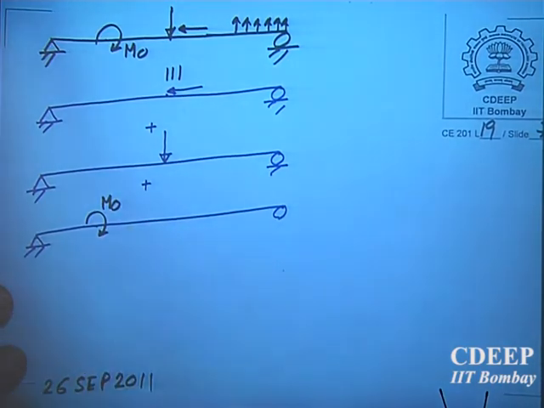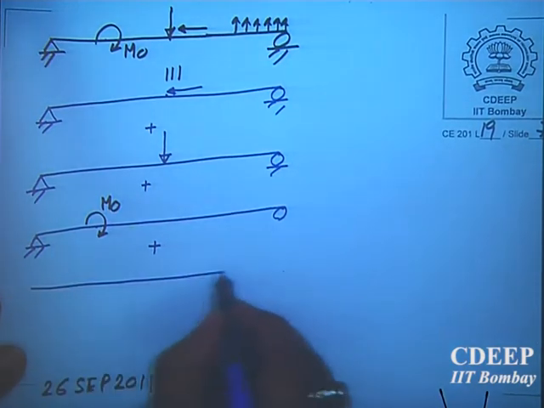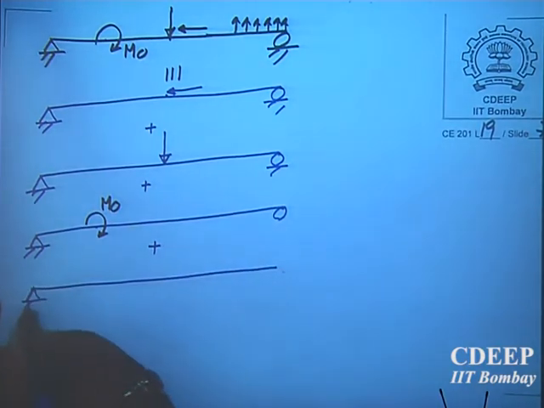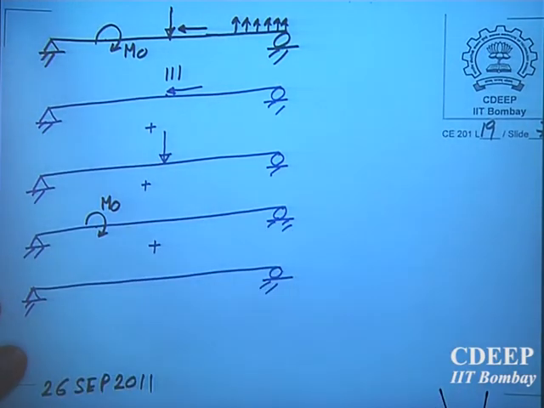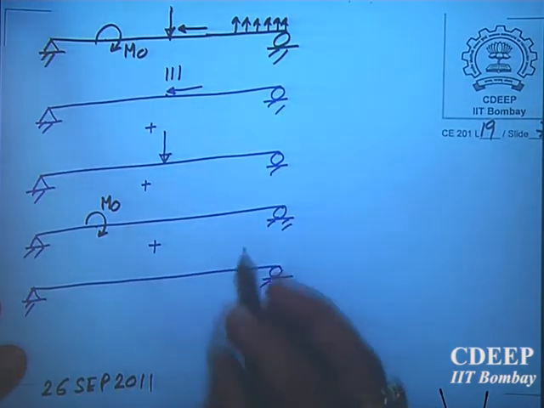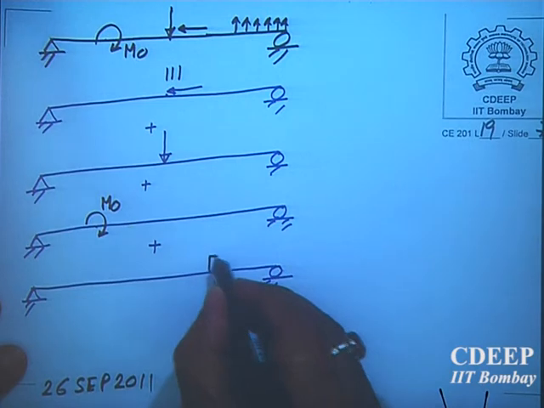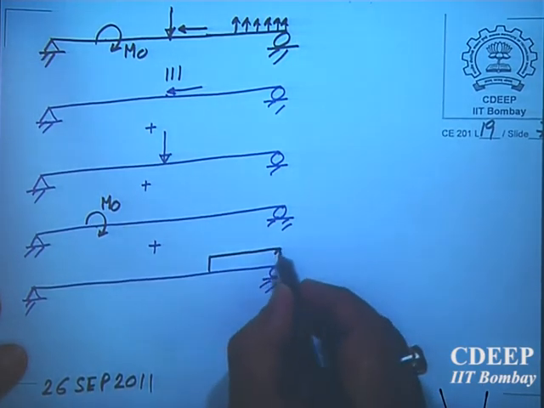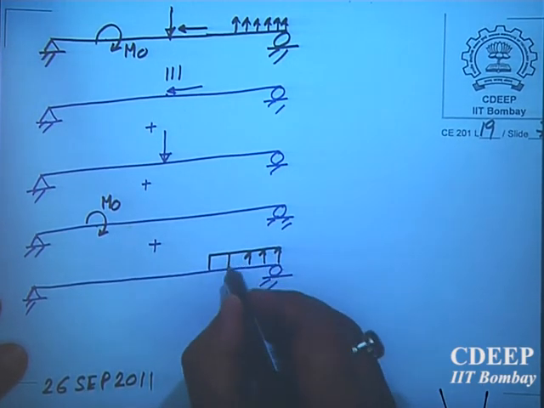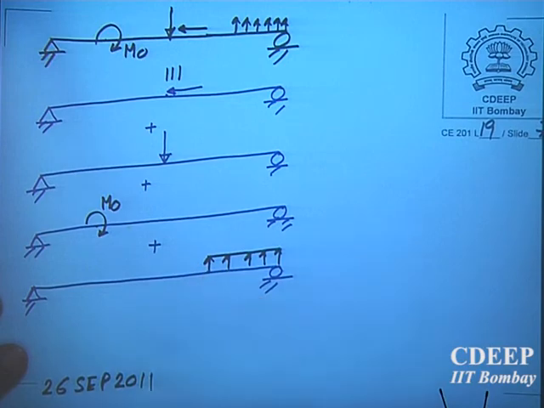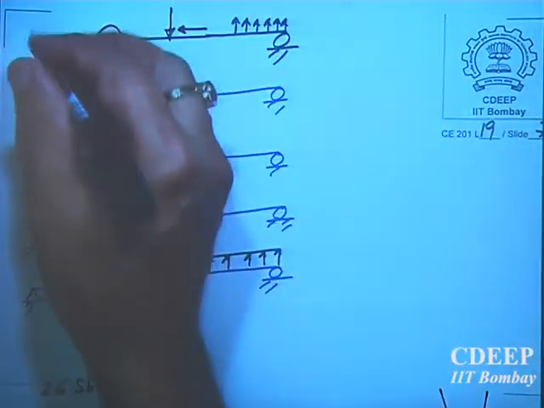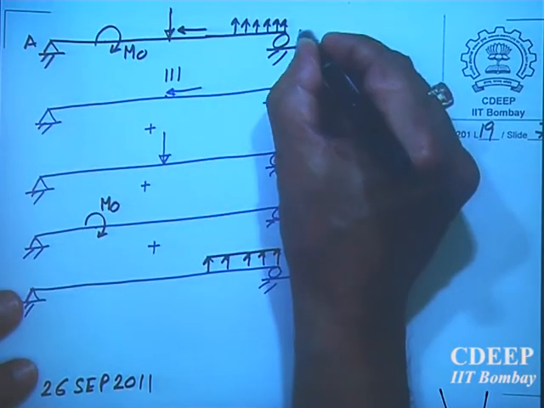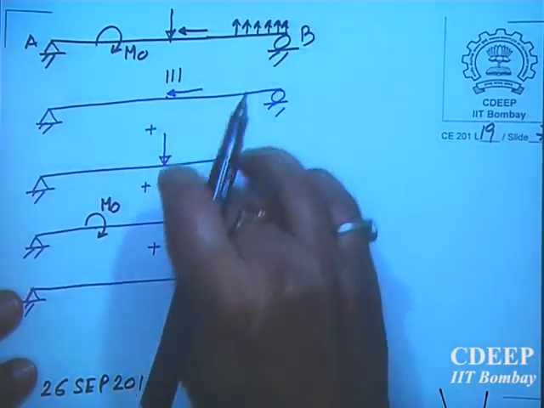Plus what is left? This one. So I have divided this AB problem, one problem, into 4 problems: 1, 2, 3 and 4.